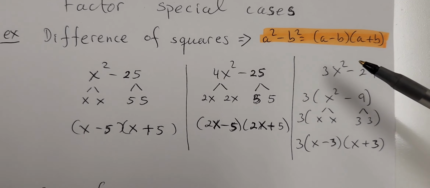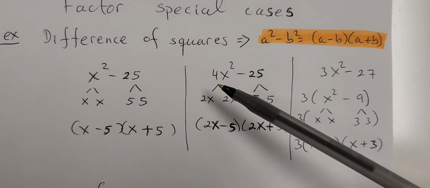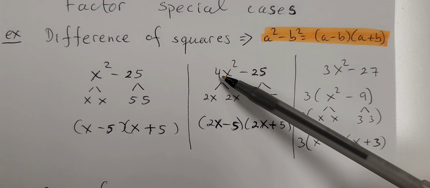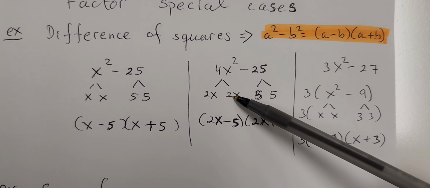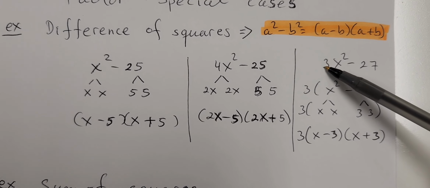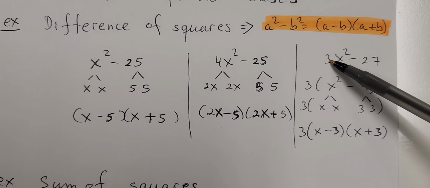One more time. This is an extra, so we have to take the extra out. However, over here, why can't this 4 be an extra? Because this 4 can be broken up into 2 equal parts. This 3 cannot be broken up into 2 equal parts, so that's why this is extra.